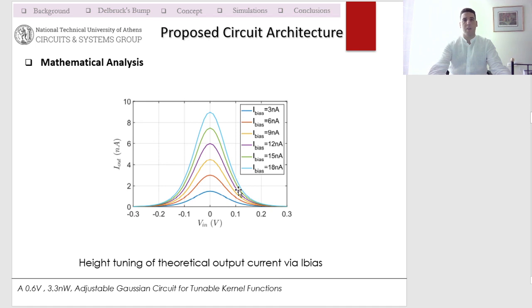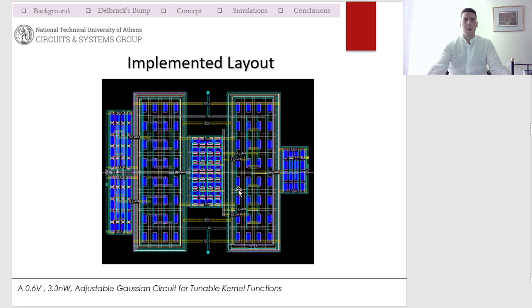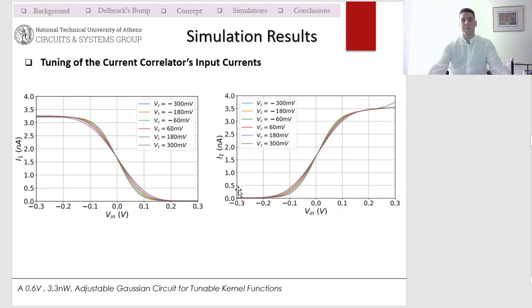The height of the theoretical output is set by parameter I bias, as shown in this slide, for constant Vc and VR parameters.